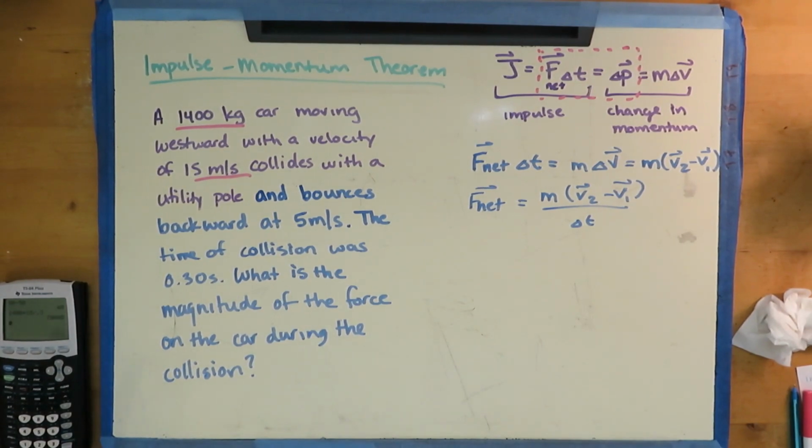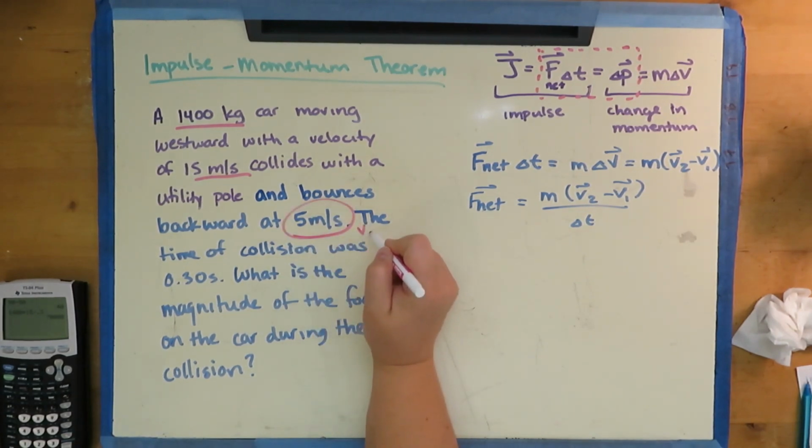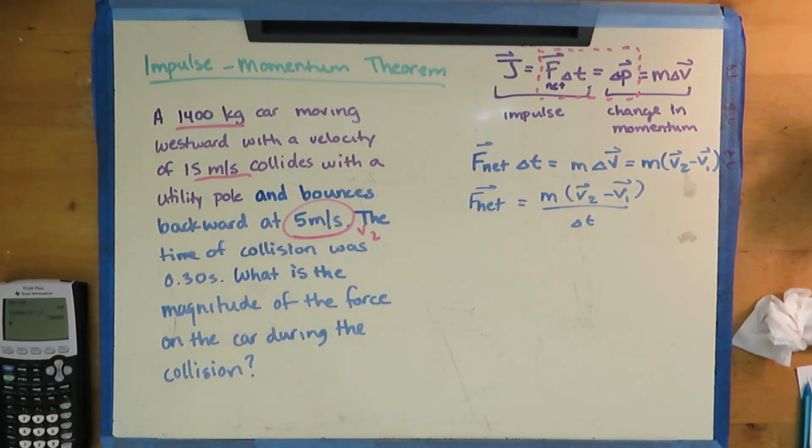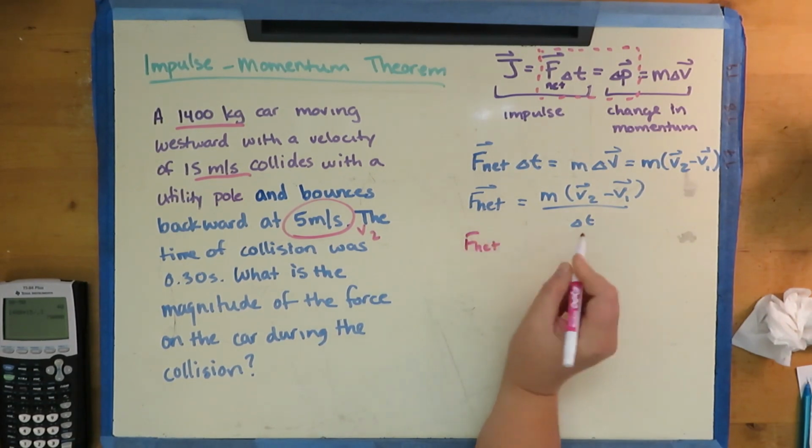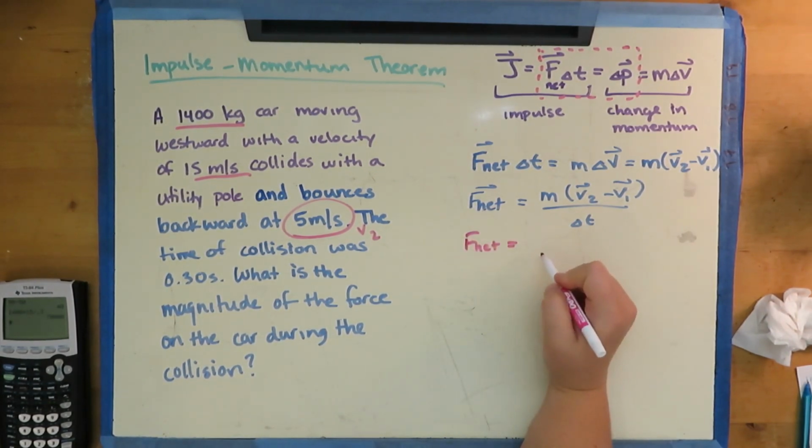So this hasn't changed much. The only thing is that my final velocity, my V2 here, is not 0, it's 5 meters per second. So if I plug into this equation, my net force is equal to my mass.